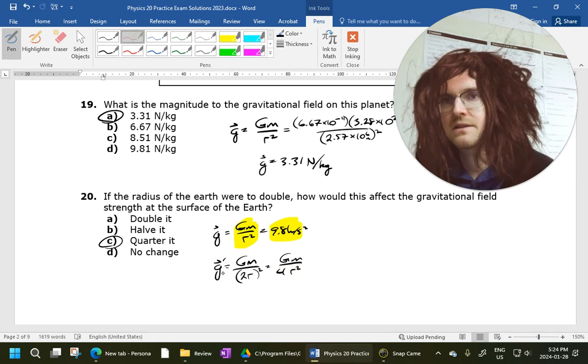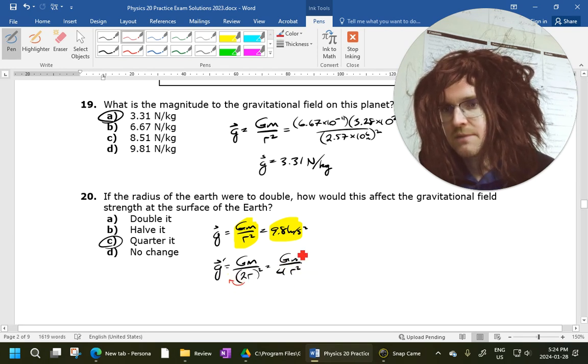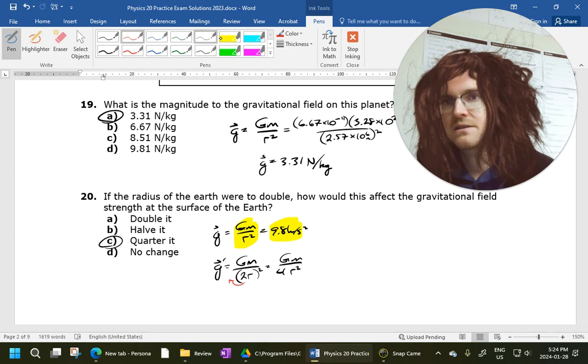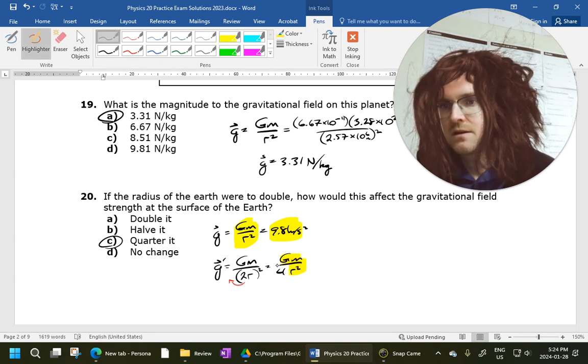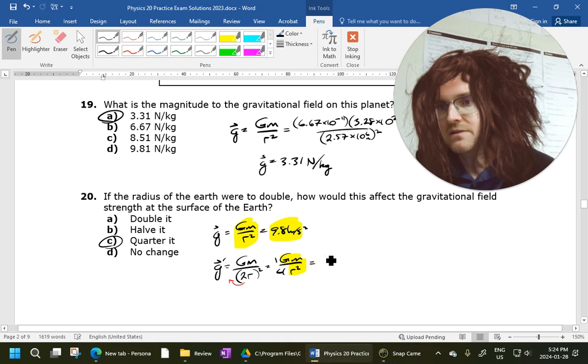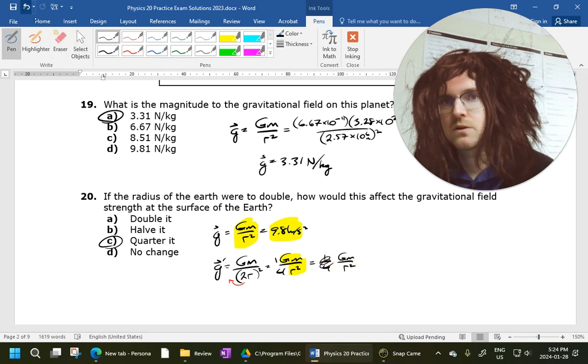So you take that 2, pop it out of there, and then you can see all of this is my old number. The 4 is in the denominator here, so that means I have 1/4 of my old number. So that's why it's a quarter.